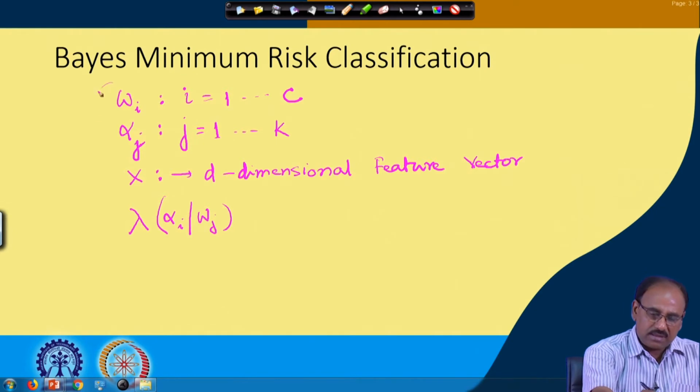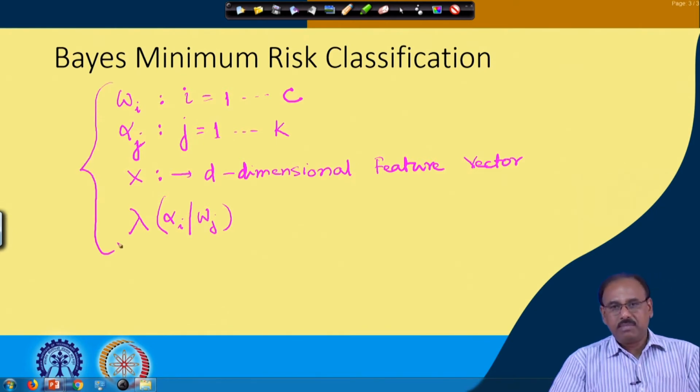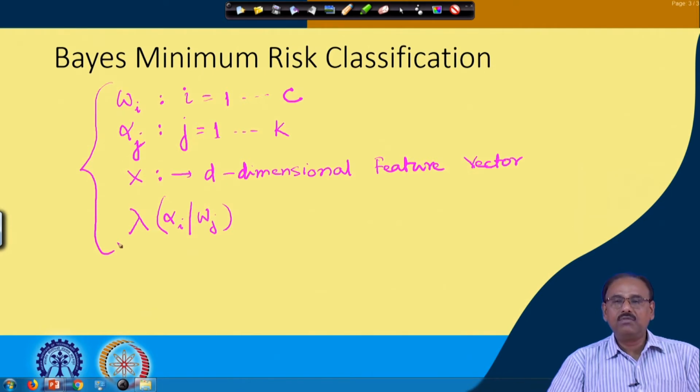Given this, the Bayes minimum risk classifier works in this fashion. In our classification problem, given an unknown feature vector x, we said earlier that any input signal will be considered a feature vector in my feature space. So my classification problem is that, given any unknown feature vector x, I have to predict to which class omega i that feature vector belongs.